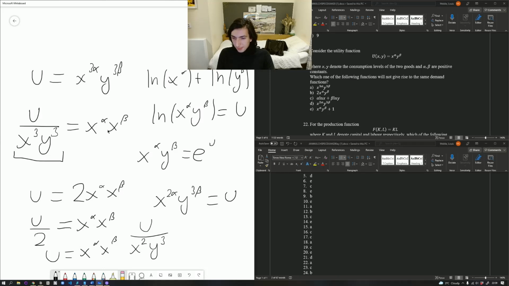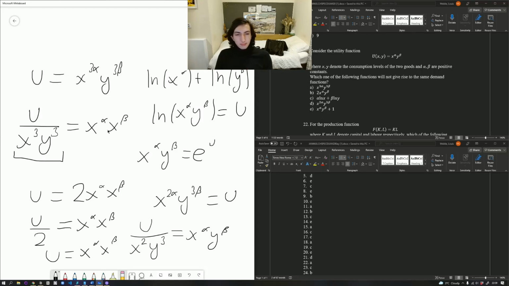Just take my word for it here, this doesn't work. If you can't remove anything, or make it into a new constant, you don't have the same demand function here.